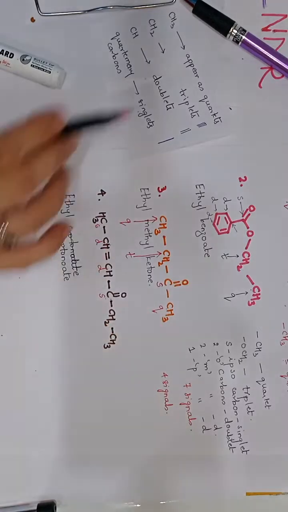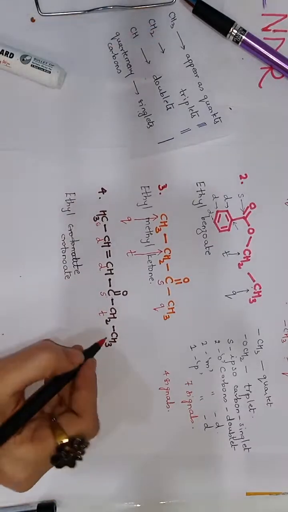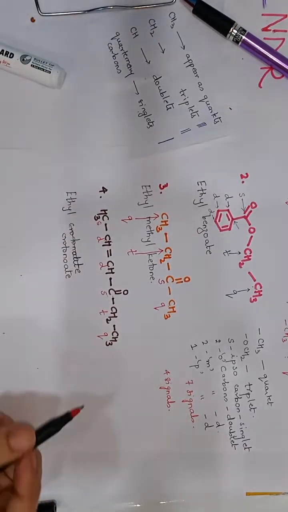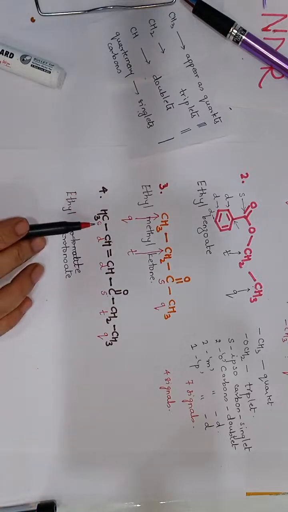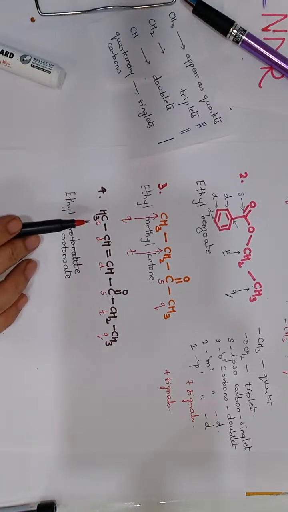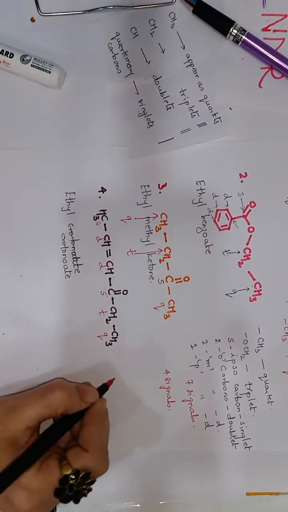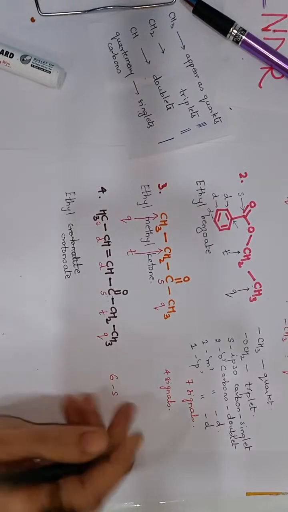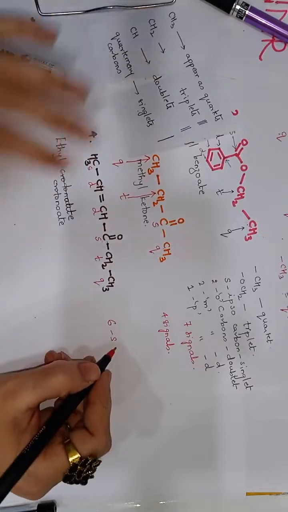CH2 is a triplet. CH3 appears as a quartet. So in all, 1, 2, 3, 4, 5, 6. In all, we are having 6 signals.